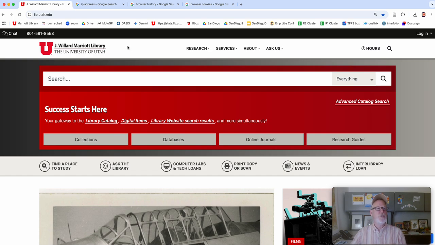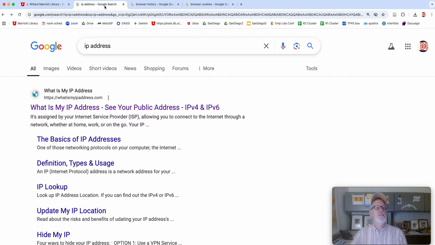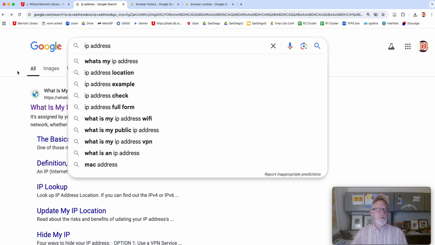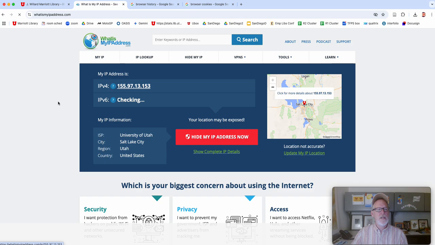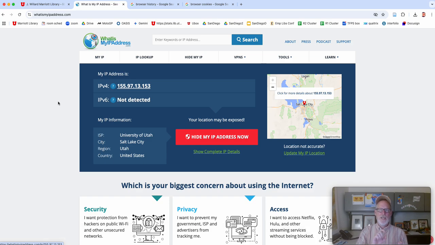Well, the first thing that I want to show you is how things can be brought to you. You've probably heard of your IP address before. Your IP address lives in your browser, and in your phone too. Whenever you're doing a search, it tells the search engine and the website you're going to where you're coming from.